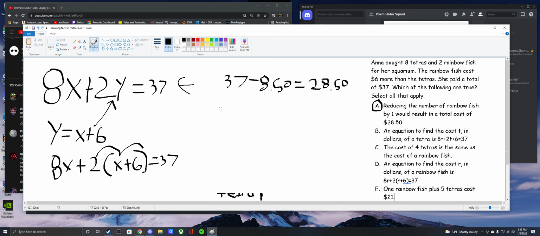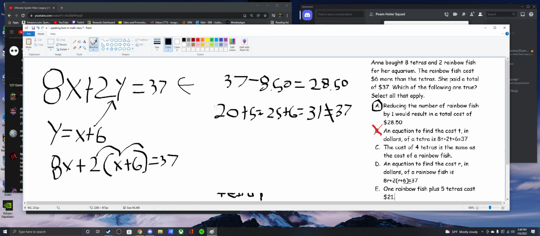We get 2.50 times 8 is 20, so we get 20 plus 5. That's 25. Plus 6 is 31. And 31 does not equal 37. So I'll do this one in red. B would not work.